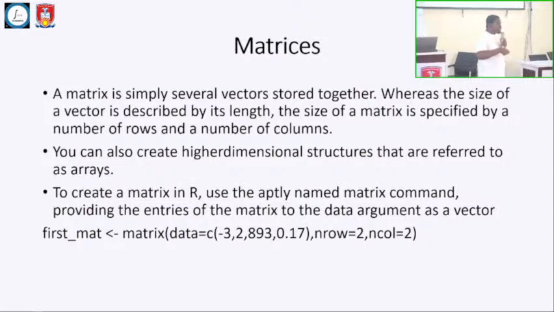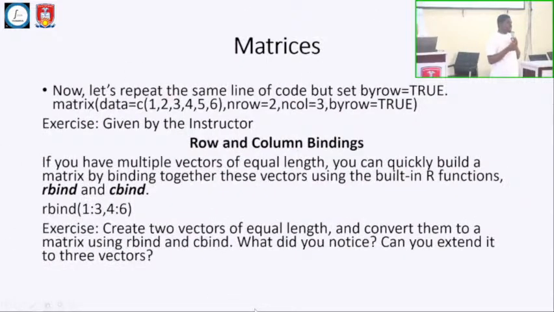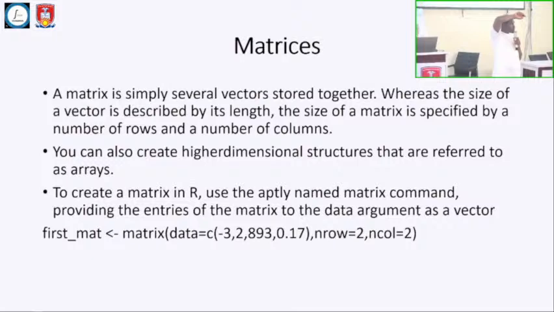First. So meaning that by default, the way R is programmed is that the numbers that you have should not be arranged by row, but rather should be arranged by column. So when you have byrow equals FALSE, that means it should be by column, right?